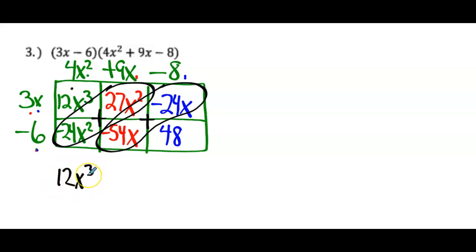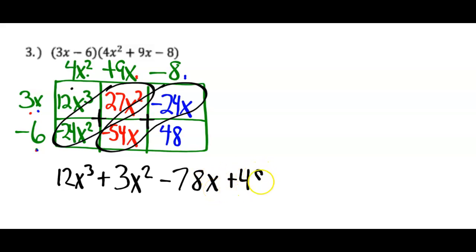I just bring that down. Negative 24 plus 27 gives me positive 3x squared. Negative 54 plus negative 24 gives me negative 78x. And then I have my positive 48, which has nothing to combine with, so that's part of my answer. And that's my answer. So box method is one way to do this.